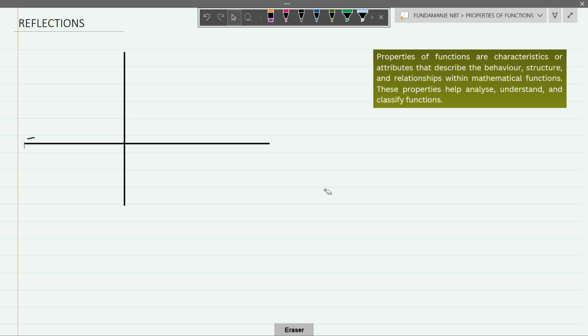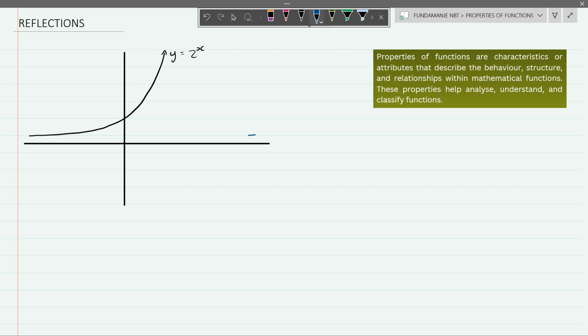Now I'm going to use just an exponential function as an example of this property. So this is a basic exponential function, y is equal to, let's say, 2 to the power of x. There are two ways in which we can reflect this function.